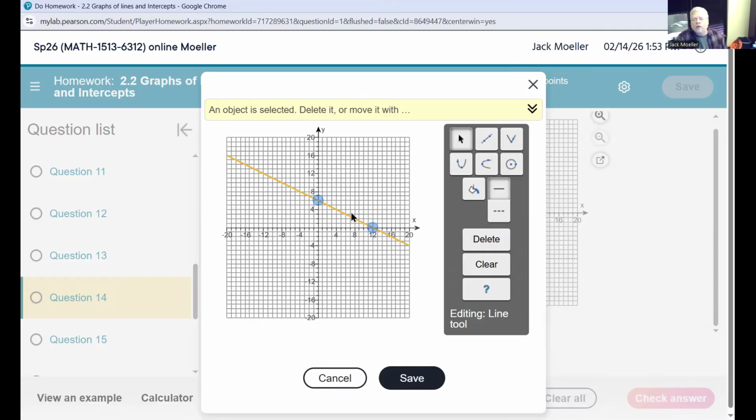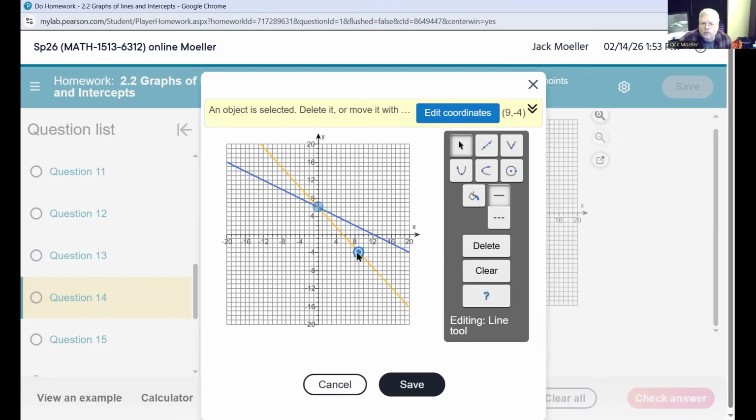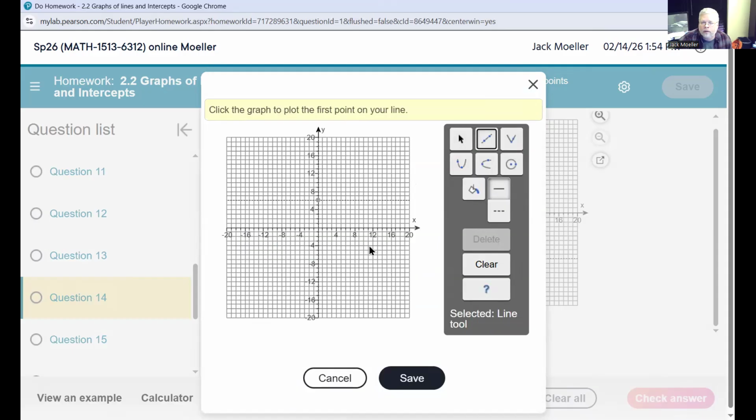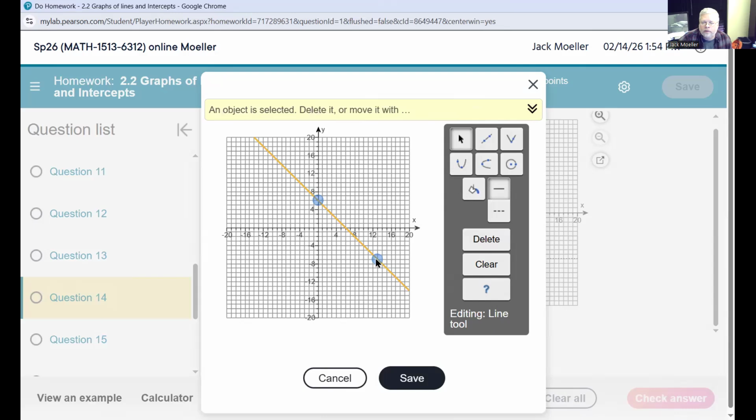Now, let's say that you make a mistake. One of the things you can do is click on a point and drag it. Also notice that up here in the upper right, it says edit coordinates. So let me clear all this out and go back to my line tool. Let's say I know that I messed up on this point.